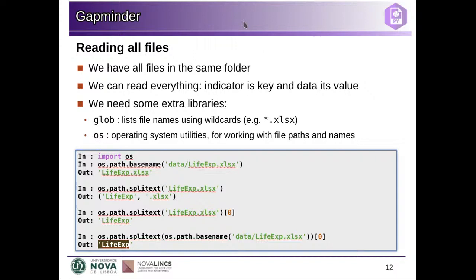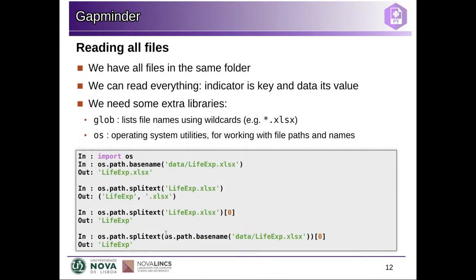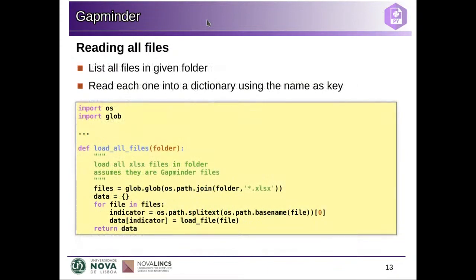We can use glob to list all the files in a folder, and then use this expression to get just the name of the file and build a dictionary with each file name, and associated with that all the data that we have. So this would be our function here. We start with an empty dictionary and with a list of all the Excel files that are in this folder.